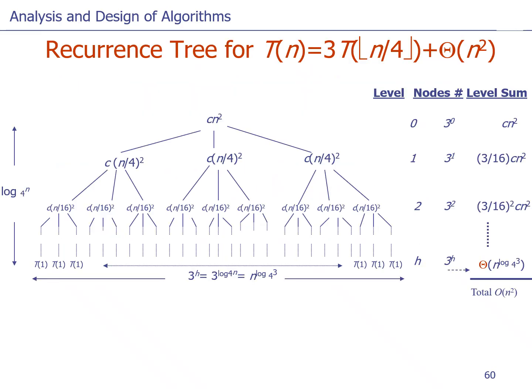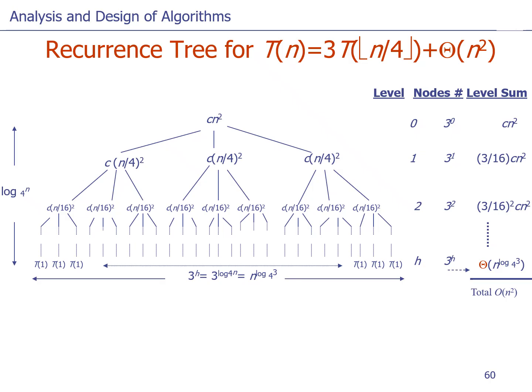Now, let's look at this example we have seen before: T of n equals 3 T of n by 4 plus theta of n squared. Let's look at the level sums. We started with n squared, and then it kept decreasing as we go along, because you're multiplying by a fraction.